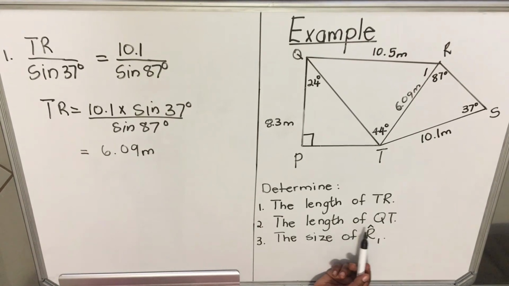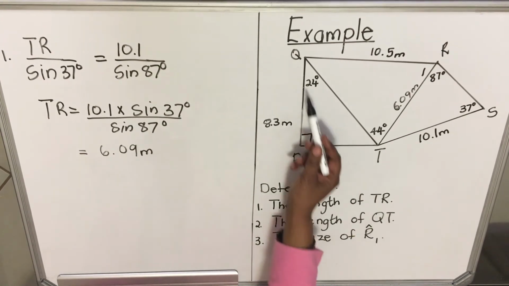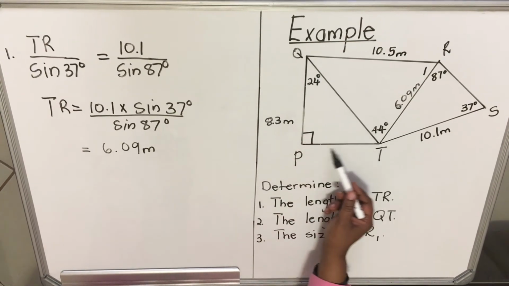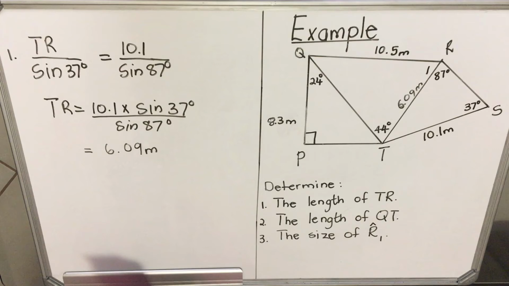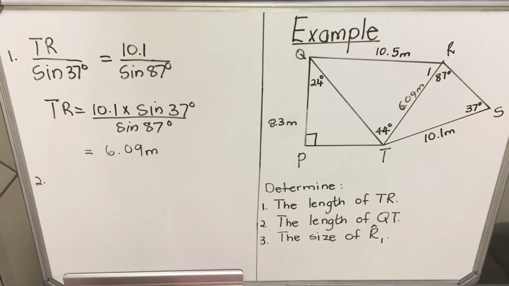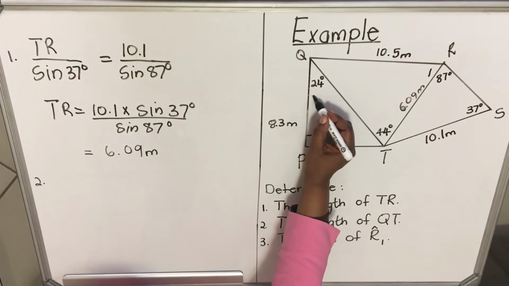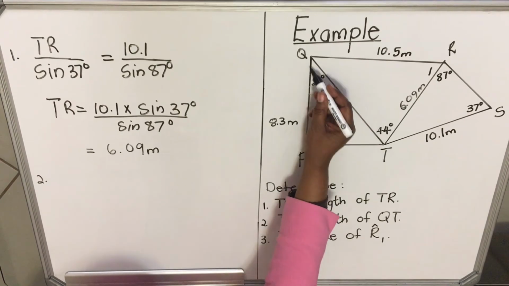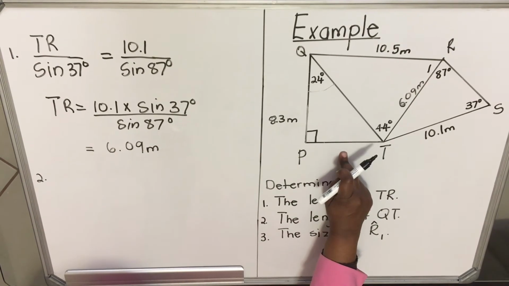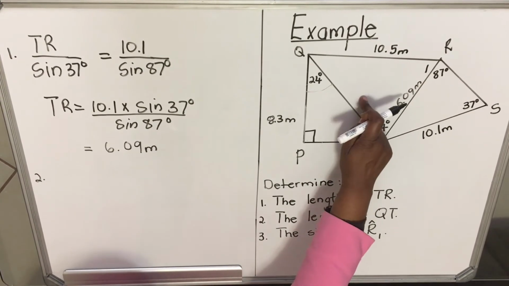Okay, the next question. The length of QT is this one. It's in this right angle triangle, so we can use trig ratios that we did in grade 10. Okay, when you look at this angle, we have this line. We don't have this one. If we had that line, we'd use sine because it will be opposite over hypotenuse.